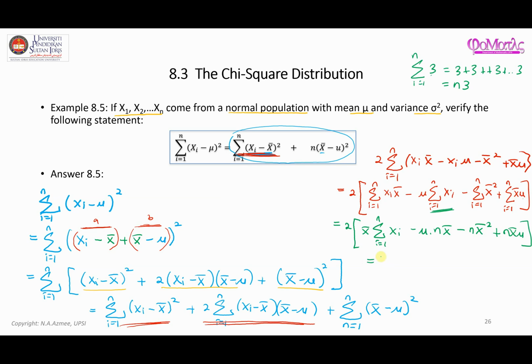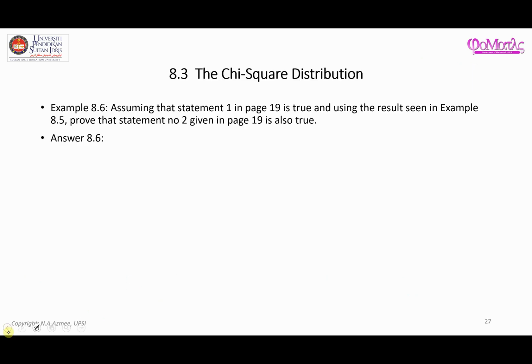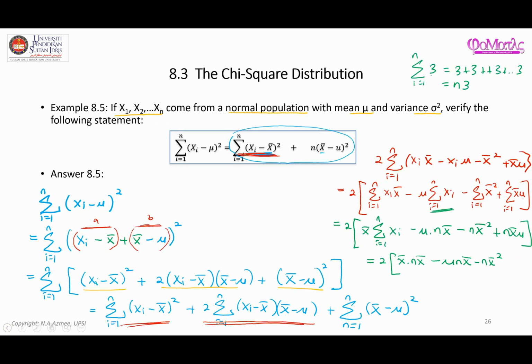Next, I'm going to simplify that further. This one here is going to be x bar times n x bar, so here is n x bar. This one is minus mu and n x bar. This is minus n x bar squared. This is plus n x bar mu.